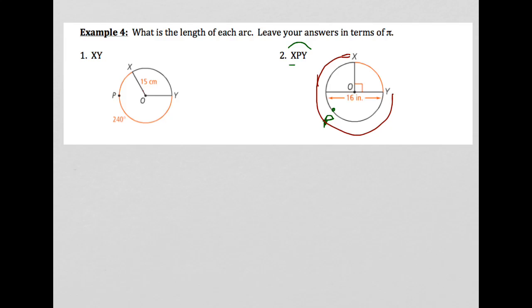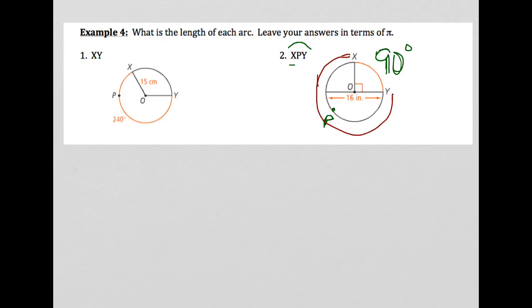There's not much information given in terms of the measure of these arcs, but this right here is a central angle, since the vertex of the angle is at the center of the circle, and that tells us it's a right angle. So what is the measure of this arc? That would be 90 degrees.